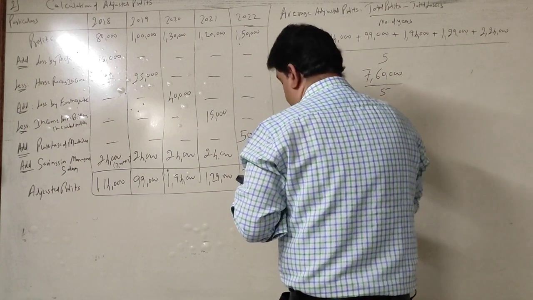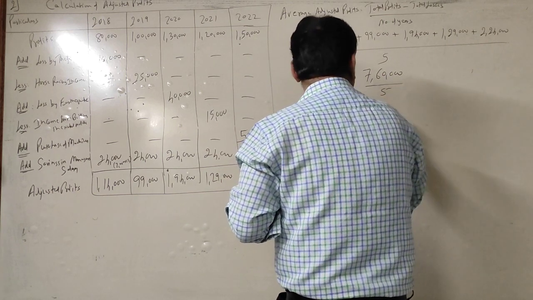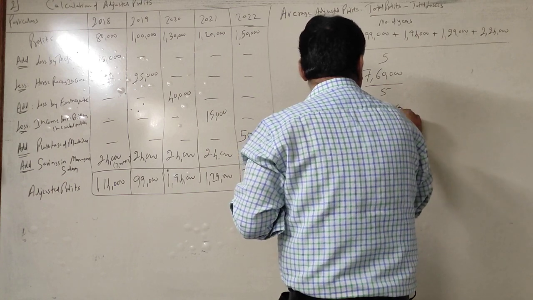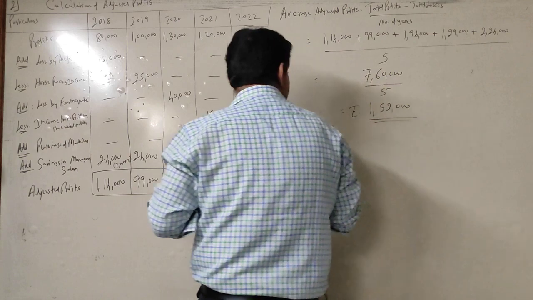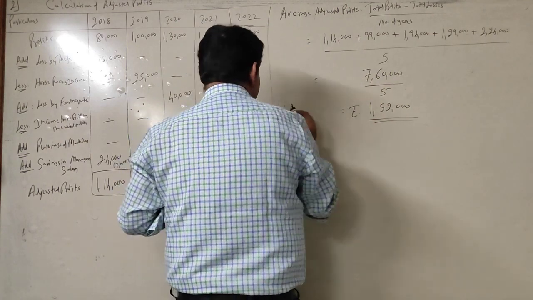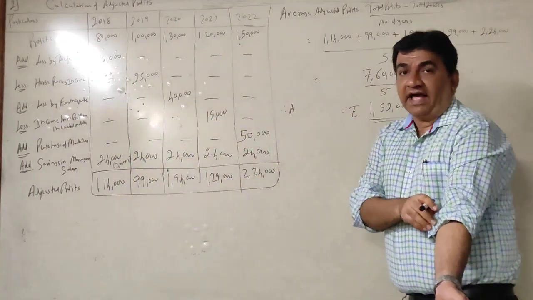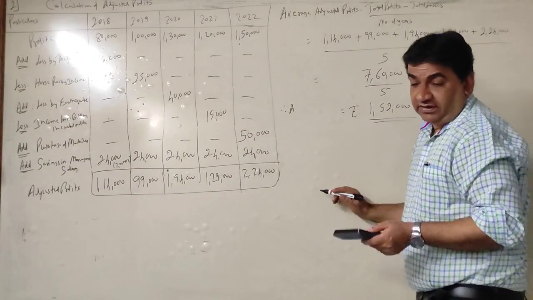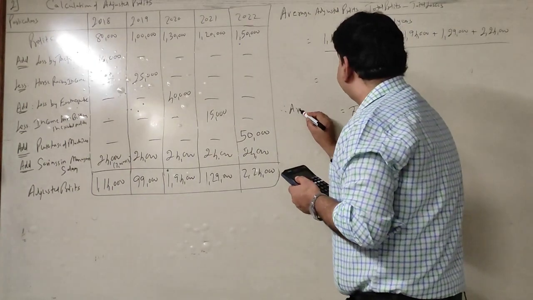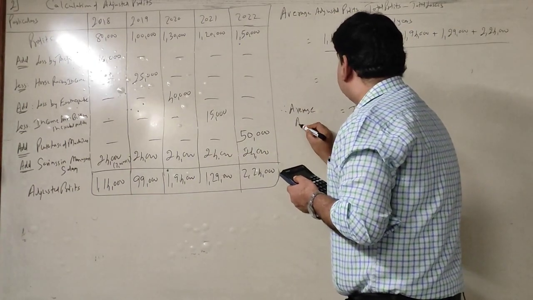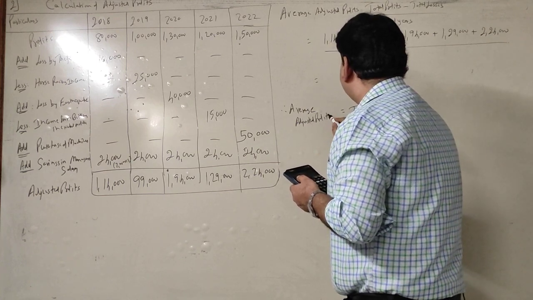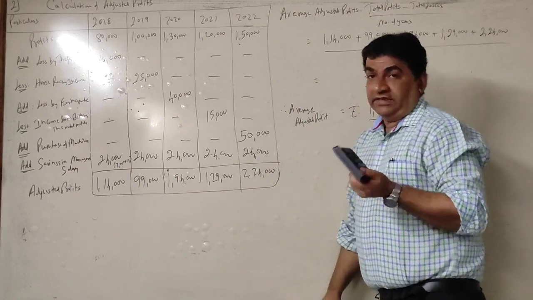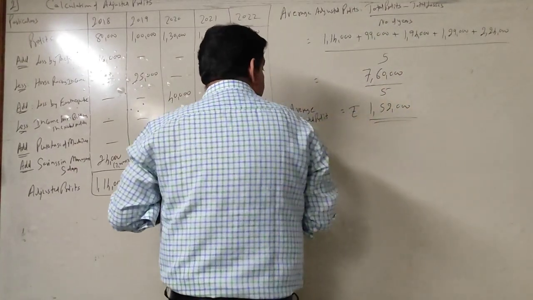Number of years is 5, divided by 5. You get rupees 1,50,000, which is your average adjusted profit. So my average adjusted profit is 150. And the next step, goodwill.